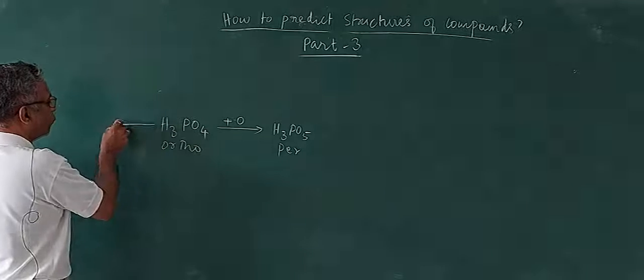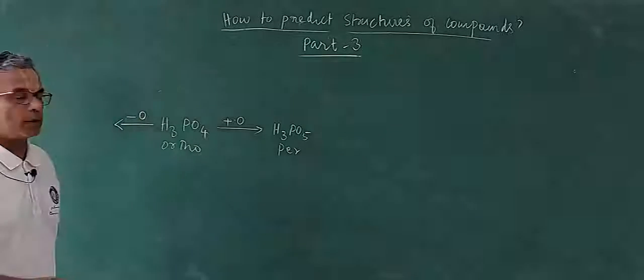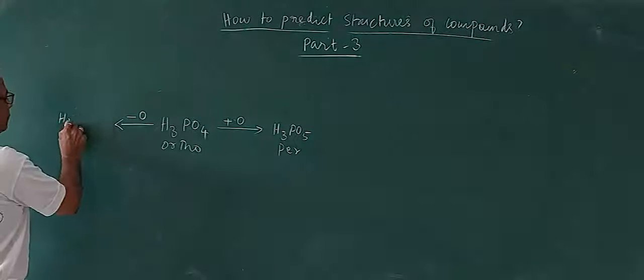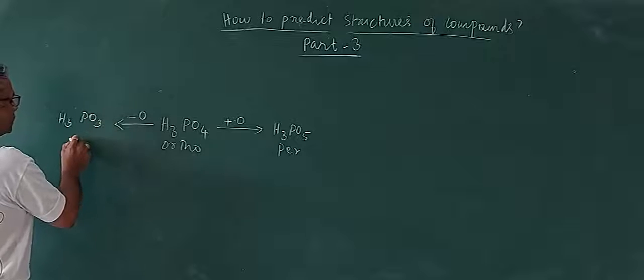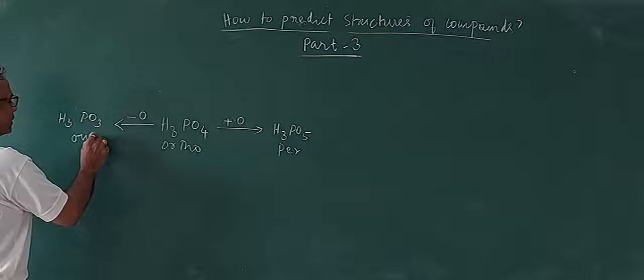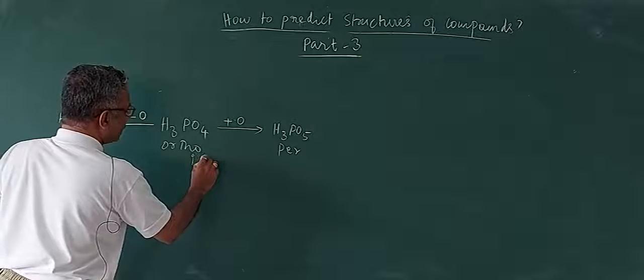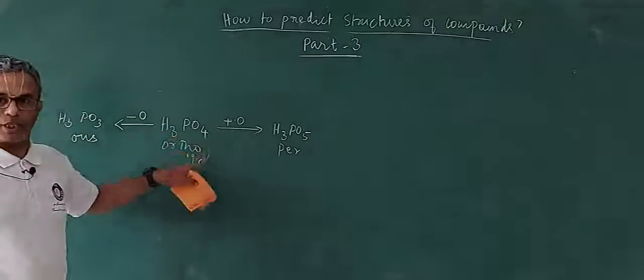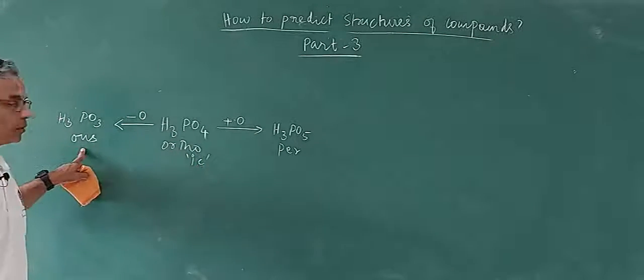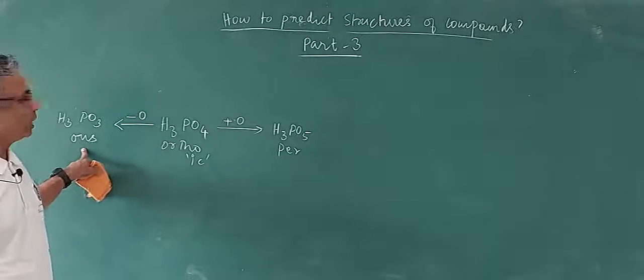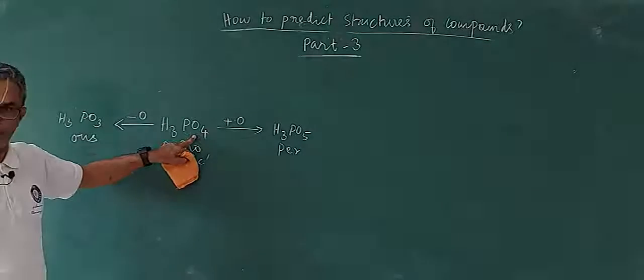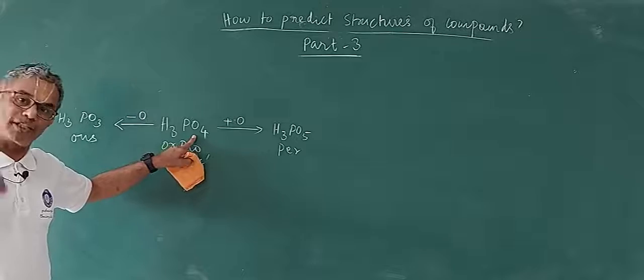Now if you remove one O, you will have H3PO3. So this will be ous acid. We call this ic acid, that is phosphoric acid, and this will be called phosphorous acid. If you remove one O from sulfuric acid, we call that sulfurous acid.